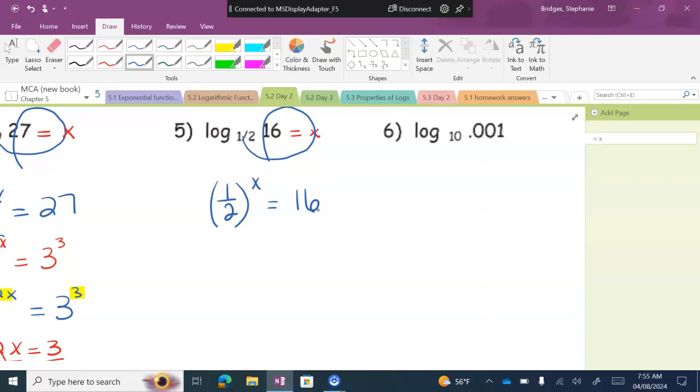Stop right there to make sure everybody understands. Anytime you have a fraction, what you can do is move that denominator to the top by making the exponent negative. We're going to then multiply here. Negative 1 times x is just negative x.